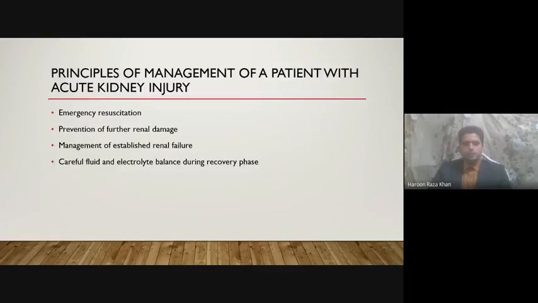Next is management of established renal failure. This usually includes, for example, seeking guidance from a nephrologist, correcting the fluid balance, good diet, and nursing care, for example, prevention of pressure sores.